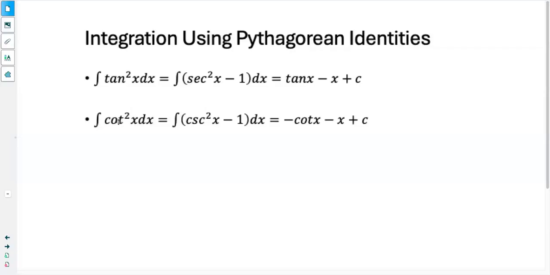Same from Pythagorean identities, cotangent squared x is equal to cosecant squared x minus 1, which means the integral of cotangent squared x equals the integral of cosecant squared x minus 1, which equals negative cotangent x minus x plus c.